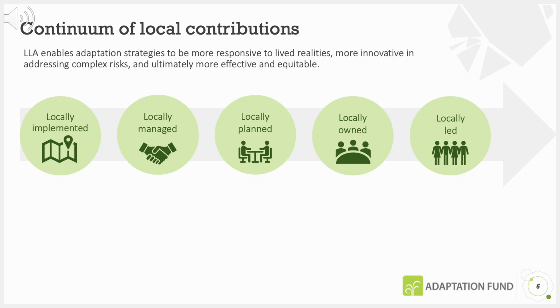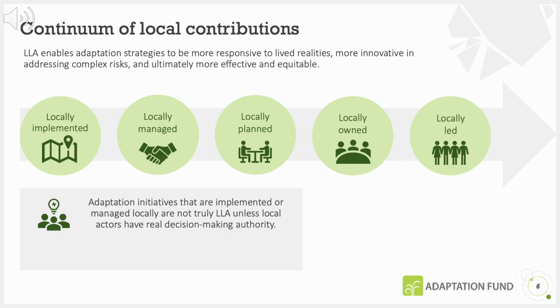LLA enables adaptation strategies to be more responsive to lived realities, more innovative in addressing complex risks, and ultimately more effective and equitable. However, adaptation initiatives that are implemented or managed locally are not truly LLA unless local actors have real decision-making authority over priorities, resources, and implementation.